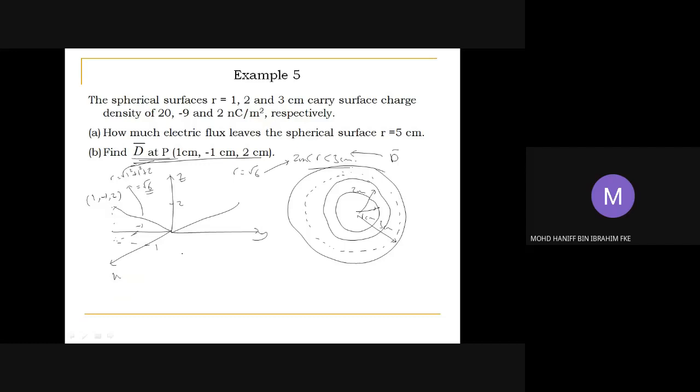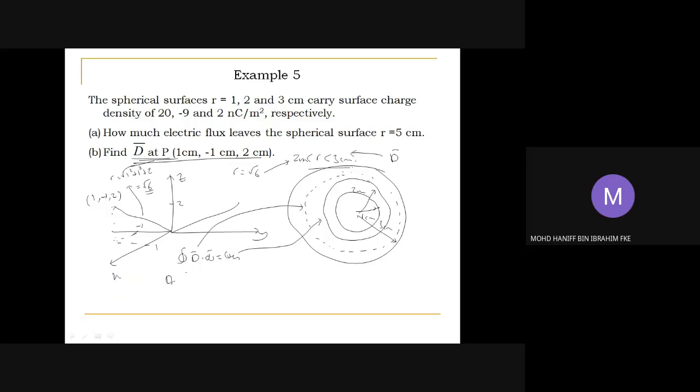From Gauss law, which states that the integral of D dot dS equals the enclosed charge, the left-hand side will be the integration on the Gaussian surface, and the enclosed charge is the charge inside the Gaussian surface. This is what we have done before. So I think we can proceed with Gauss law now.